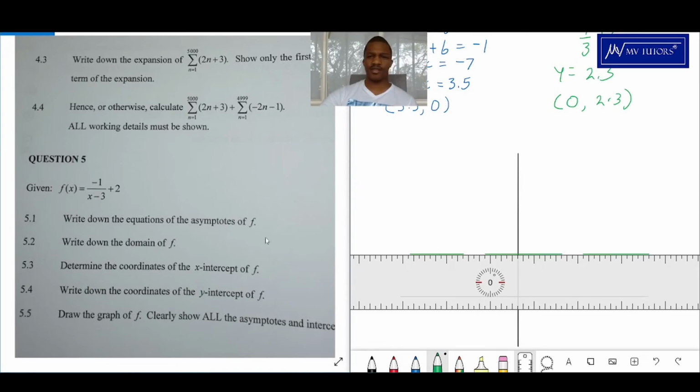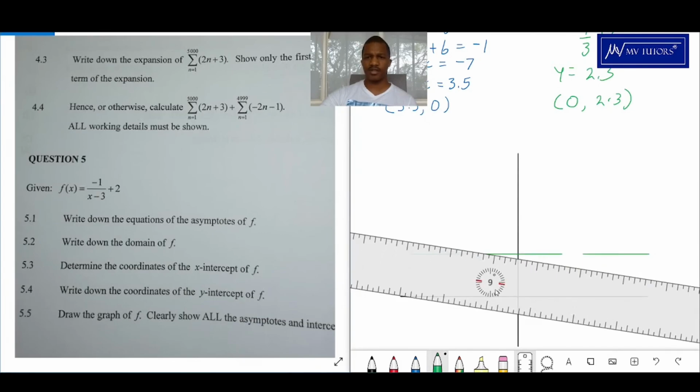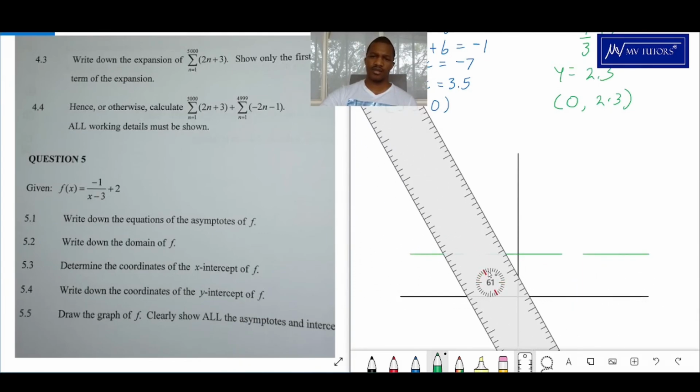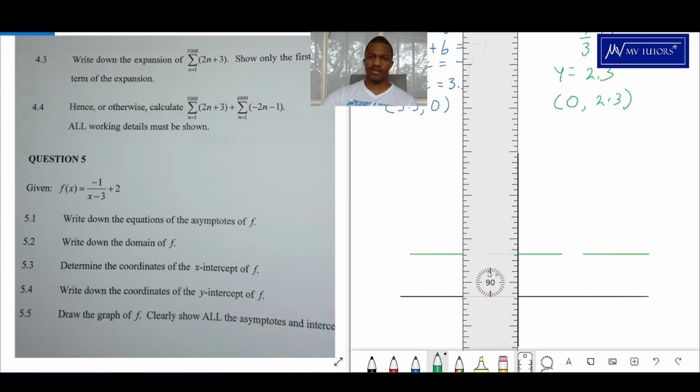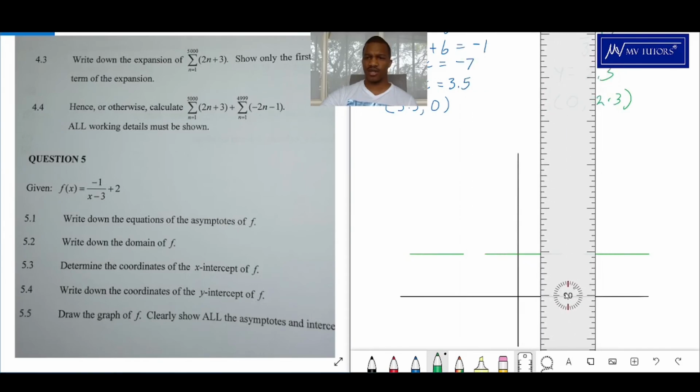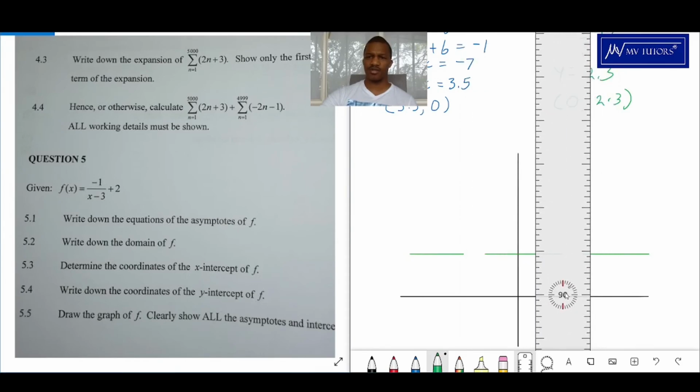And then x is 3, we've got another one at x equals 3. Okay, so that one is vertical. Let's just say 3 is here. Okay, so we'll put our other asymptote here. Cool, there we go.